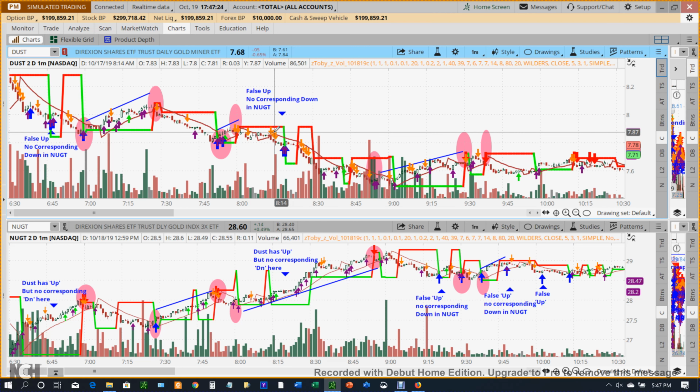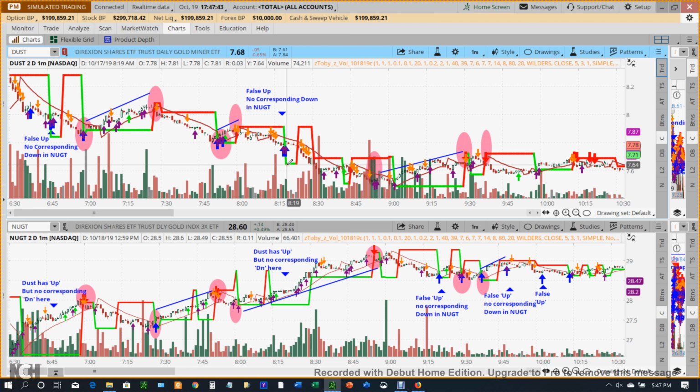So we know it's coming down, and all of a sudden we end up with two up arrows that say this looks really good that it's going to go up, and of course it changes to green for a short little while, when in fact the price doesn't go up, it keeps on going down.